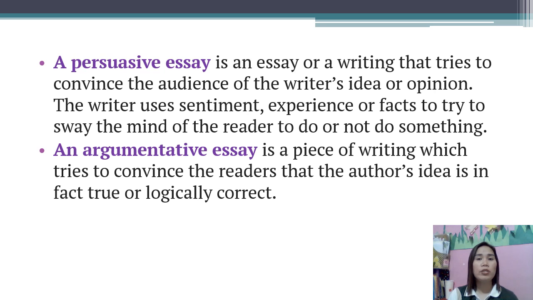Alright, so if you still remember, we had discussed already an argumentative essay, right? And maybe you will be asking me what's the difference between persuasive text or persuasive essay with an argumentative essay. So here is my explanation.